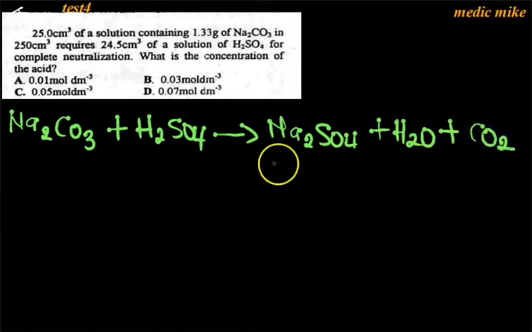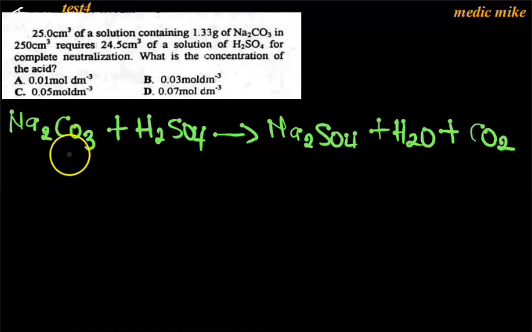So this is the balanced equation for our reaction. This is a basic salt reacting with an acid to give us another salt, water, and liberating CO2 at the end. So if you examine the reaction very well, it is well balanced.